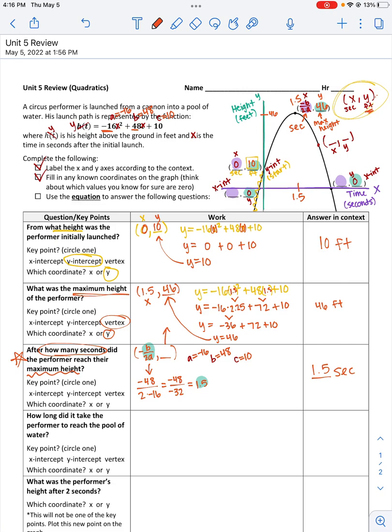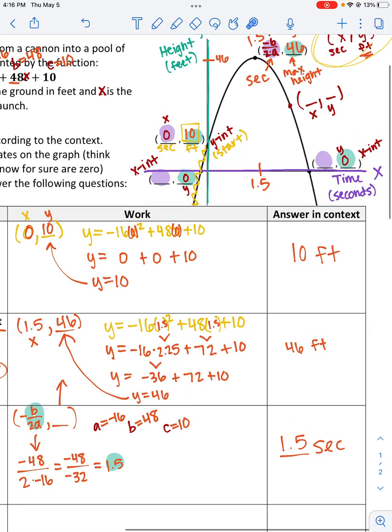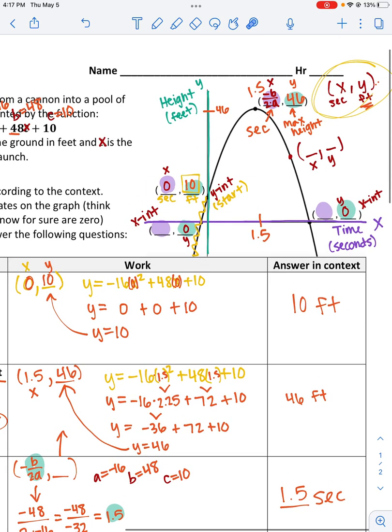All right, and then next question: how long did it take the performer to reach the pool of water? So remember, he was going to land in a pool of water. And so after he's launched, we look at our height to know when he's going to land. So we are going to make some assumptions that the pool of water is right level with the ground.